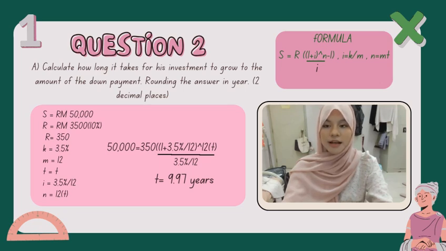And then we'll get the answer RM 329,626.44. So the total amount of interest that he paid to the bank is RM 329,626.40.